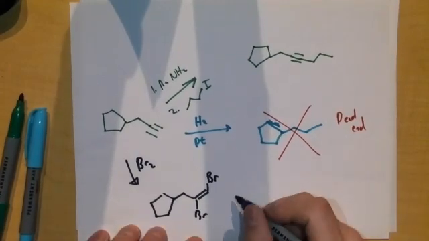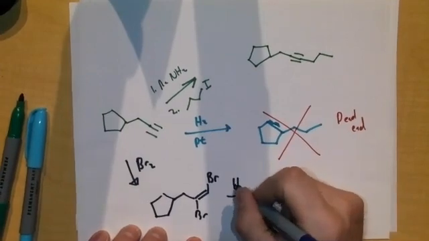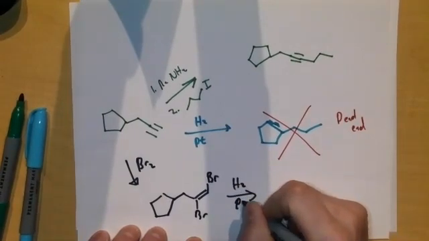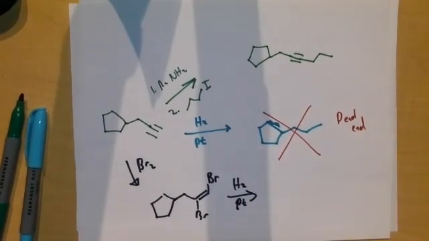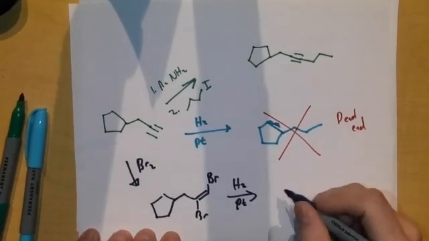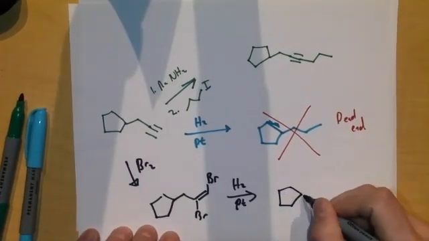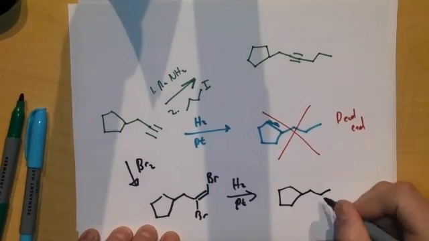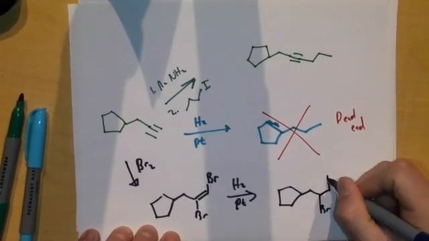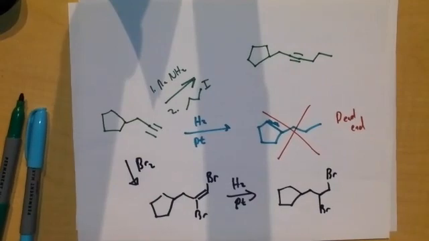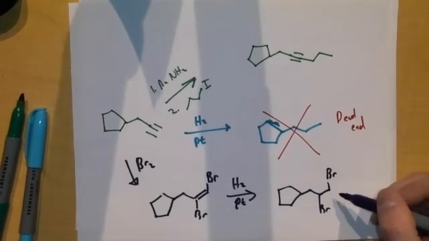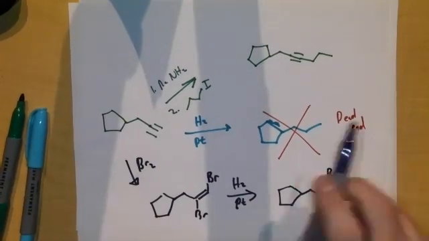I could still reduce this down with H2, but I don't have a triple bond, so I can't alkylate. It basically gets me to here, and I don't have a way from getting here to adding carbons. So this is another dead end.